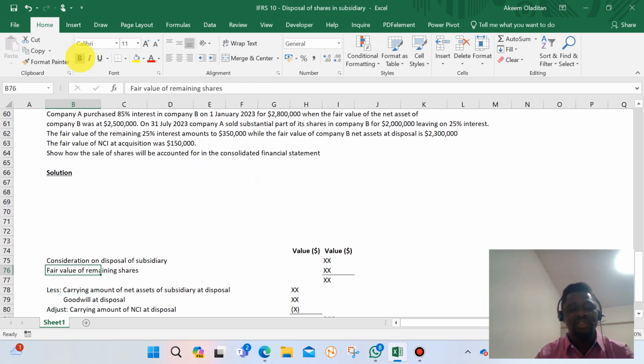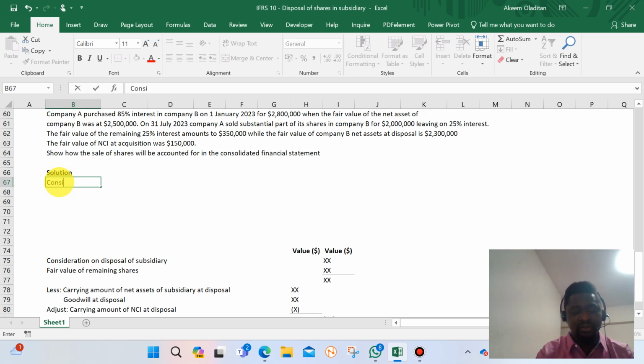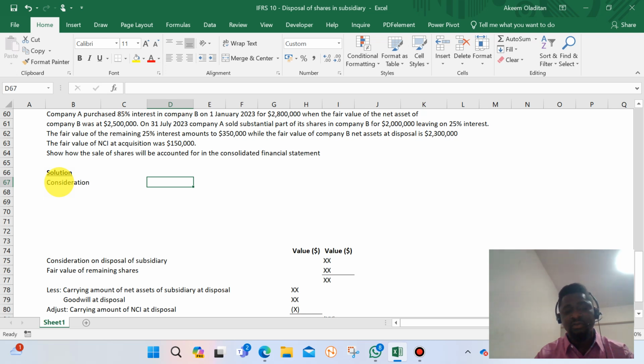So the first thing is consideration on disposal. In the question, what is the consideration? We need to look for the consideration in the question, because that's the only way we can do it.